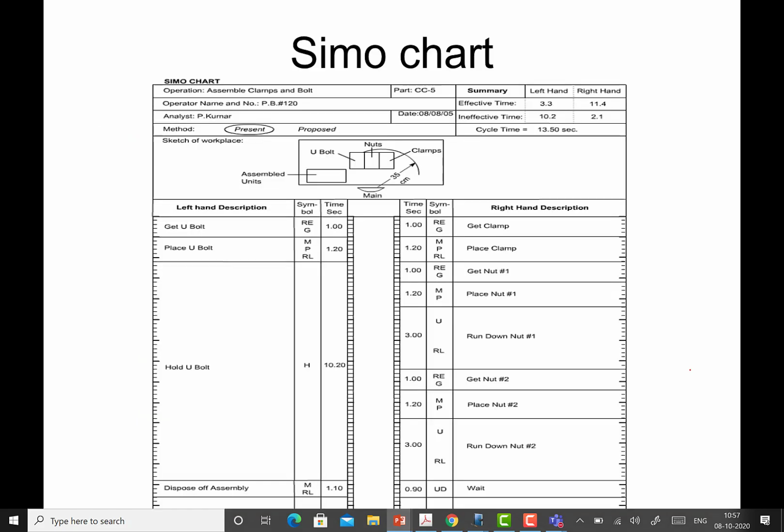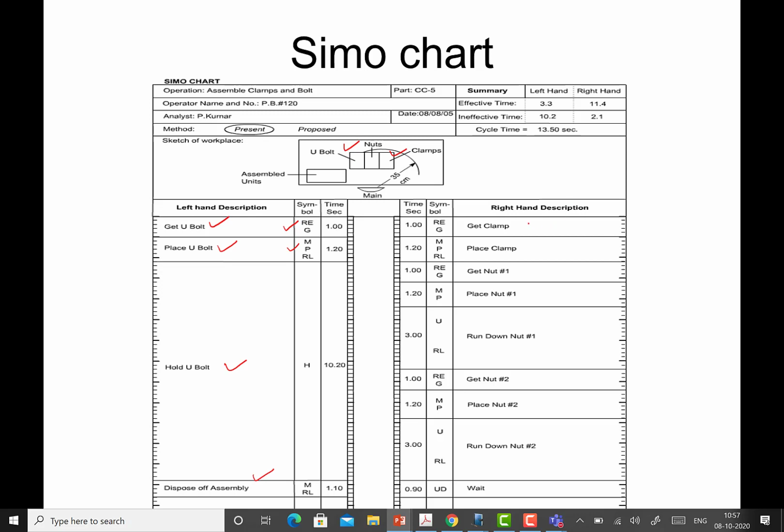This is another example where you see one U-bolt and one clamp. These 2 are assembled. So get U-bolt, place U-bolt, and write down the corresponding symbol of therbligs and the time taken in seconds. Place the U-bolt, hold the U-bolt, and dispose of the assembly.